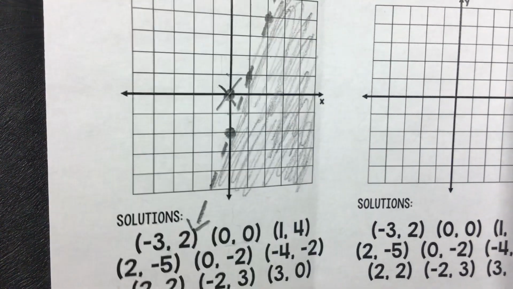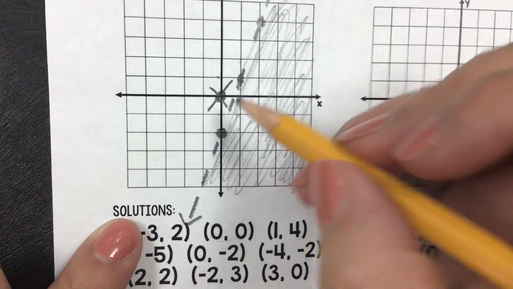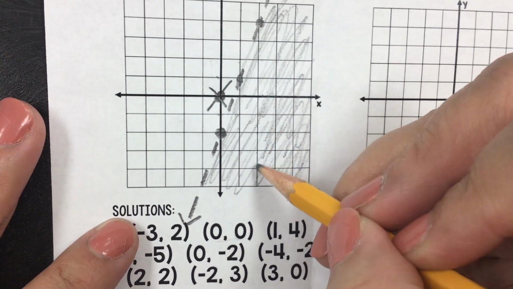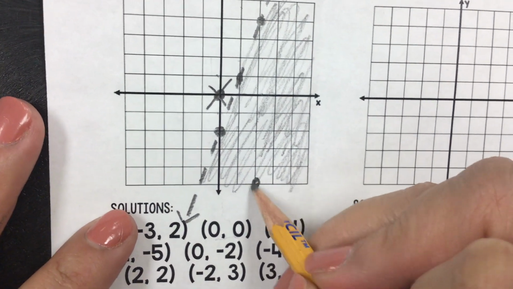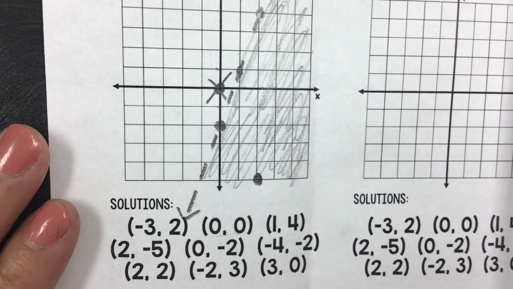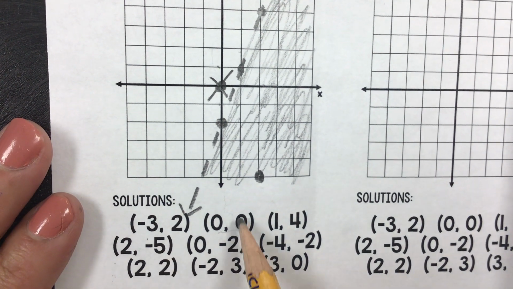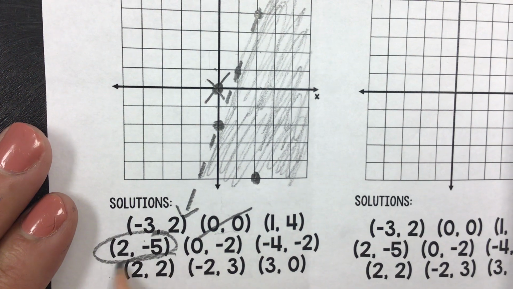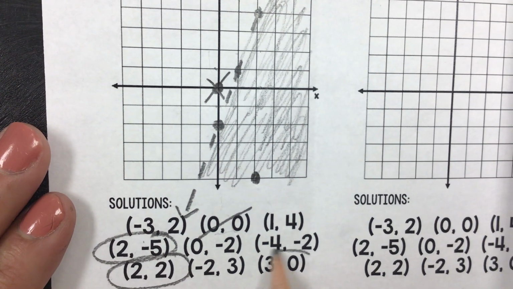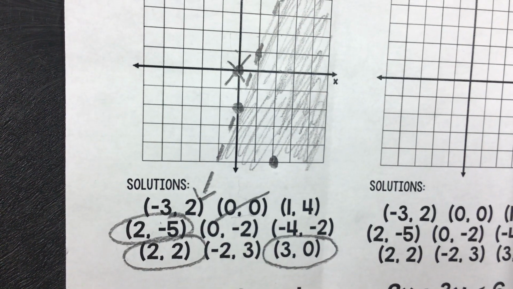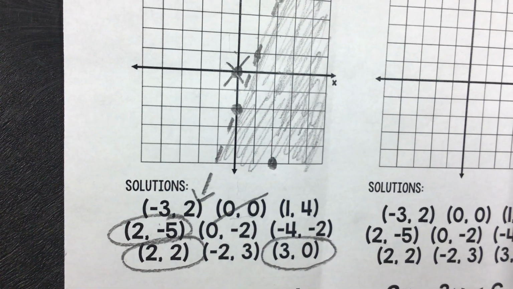And let's try 2, 1, 2, -5, 1, 2, 3, 4, 5. Is right here. It is part of the solution set because it's in the shaded region. So this one would not be, and this one is. I'm going to go ahead and circle the ones that are part of the solution just so you can have that list. But to save us time, we're not going to check them all.